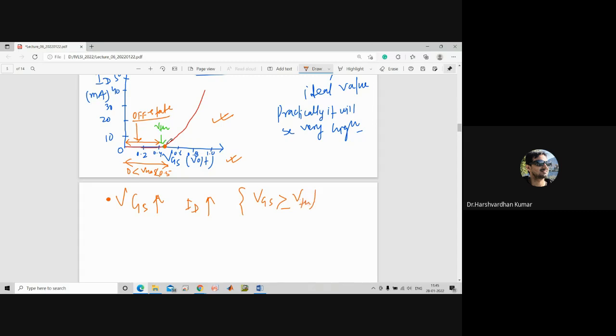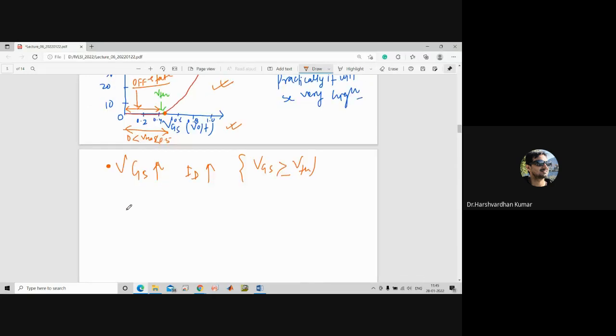So this point is known as the threshold voltage. For the VGS between 0 volt and 0.5 volt, the ID is nearly 0.